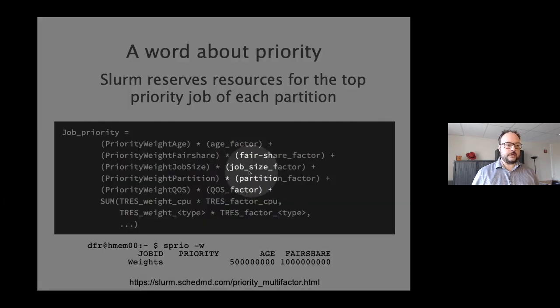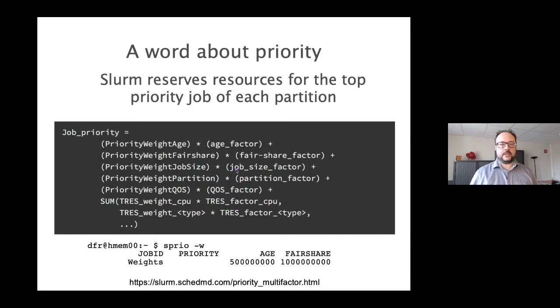The job size can also be a factor, specifically on clusters that have a very fast network. We tend to favor very large jobs, which otherwise are very difficult to schedule, so they get a higher priority to compensate for the fact that it's much more difficult to find a large number of CPUs available at the same time.